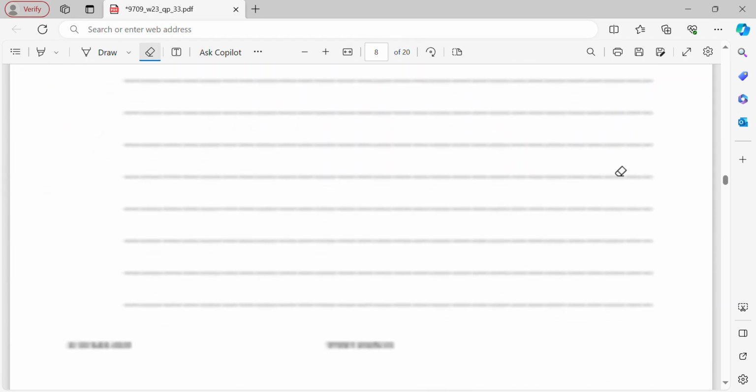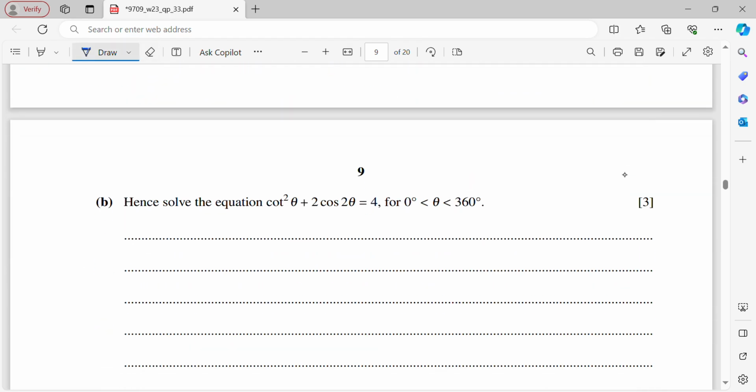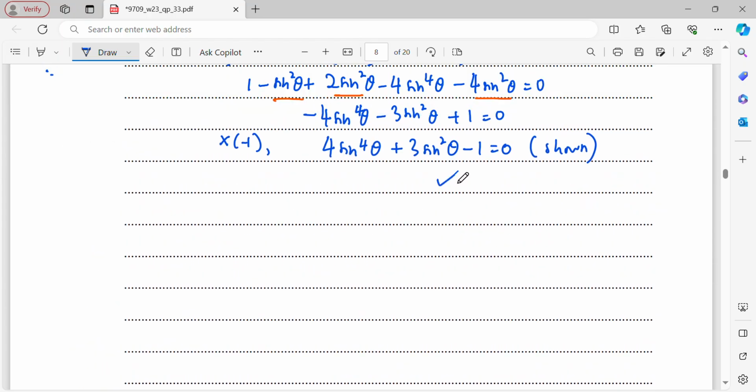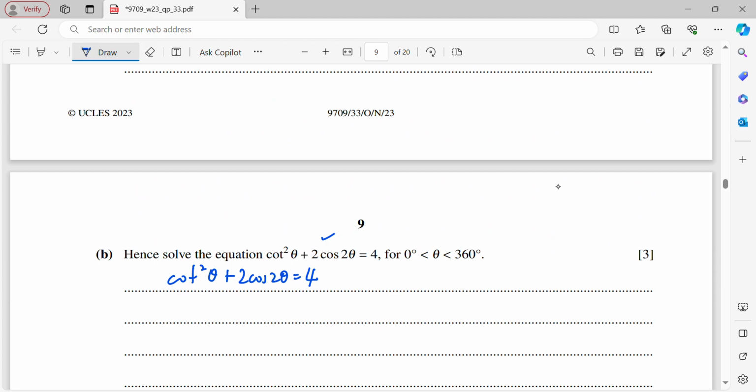Okay, so next part, b, hence. Hence, solve the equation. It is the same equation as just now. Therefore, I will just write cos squared theta plus 2 cos 2 theta equals 4. It is the same as the previous equation, which is 4 sine to the power 4 theta plus 3 sine squared theta minus 1 equals 0.